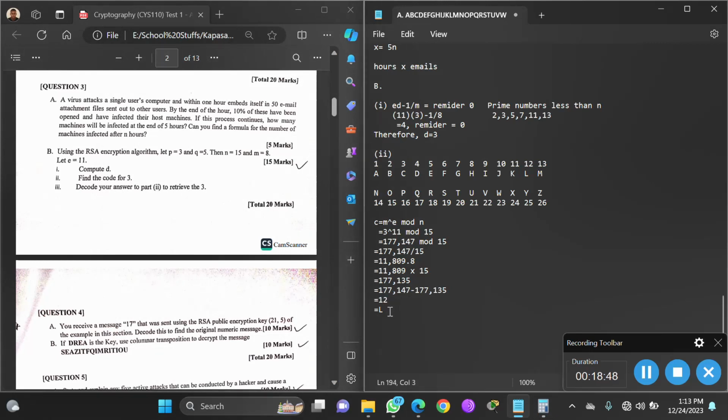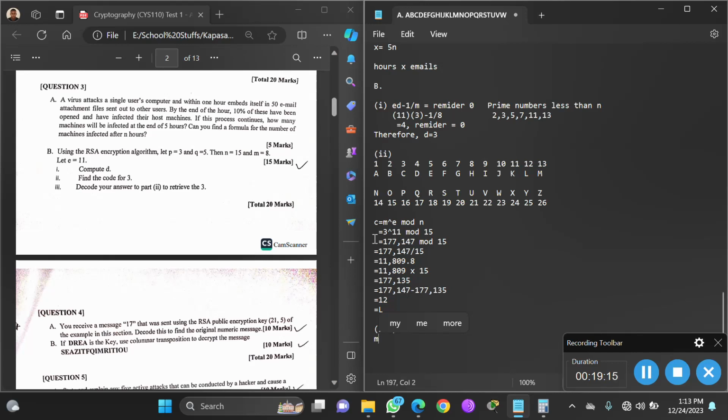So now that we are done with 2, let's do the final one, which is 3. Okay, so it says decode your answer in part 2 to retrieve 3. So basically this same thing, we just need to decode it. So we are getting our plain text, which is M for the message.